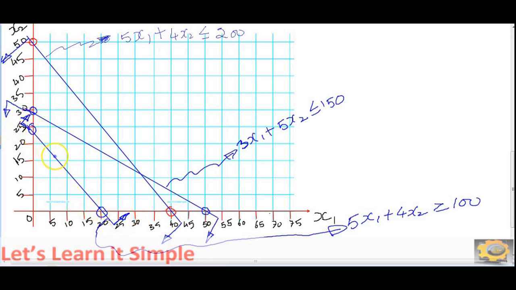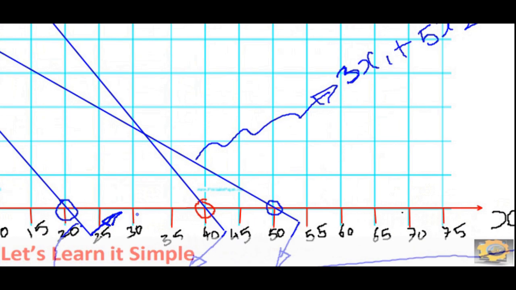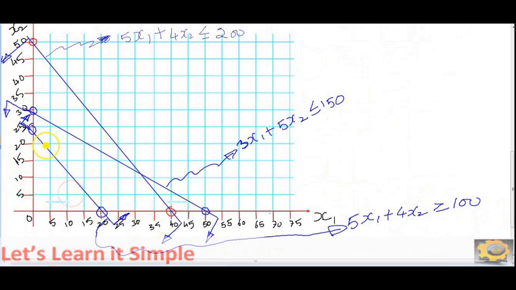Therefore, we need to look for the solution away from the origin. Considering only the three constraints, now the solution space will be bound like this. So the yellow shade will be the solution space if we consider only the three constraints.